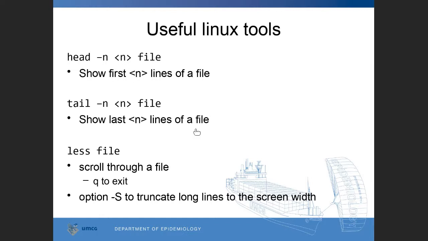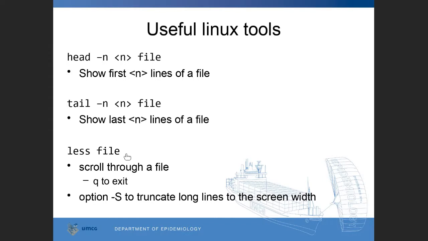You can also show the last lines of a file with the tail command. The default will be 10 lines, but you can change this again with the -n option. -n2 will show you the last 2 lines of a file.